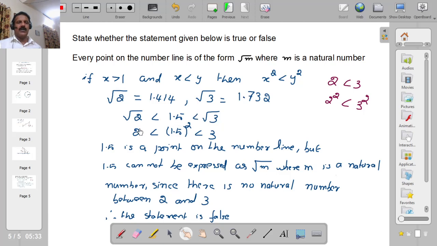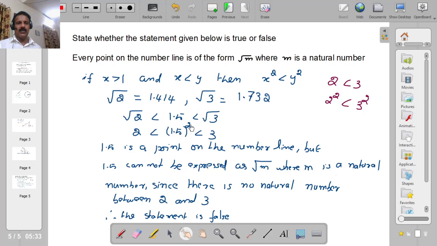Therefore 2 is less than 1.5 squared, which is less than 3. So the square of 1.5 is a number lying between 2 and 3. And we know there exists no natural number lying between 2 and 3.